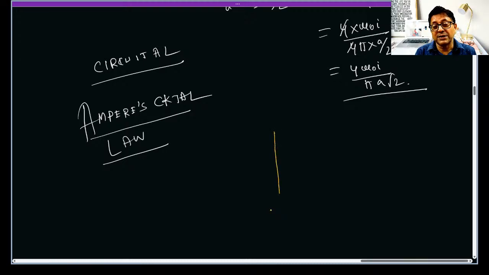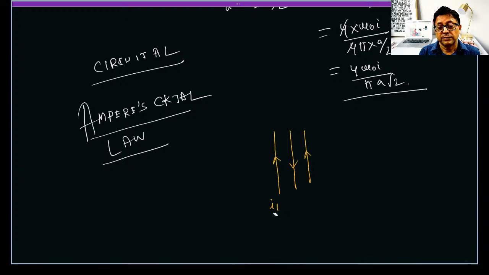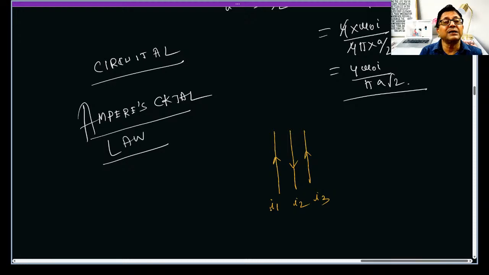Here actually many wires are there. Finding the magnetic field by using the Biot-Savart law will be difficult at a point. We will solve a problem like that. This wire carries a current I1, this infinitely long wire I2, and this is I3.